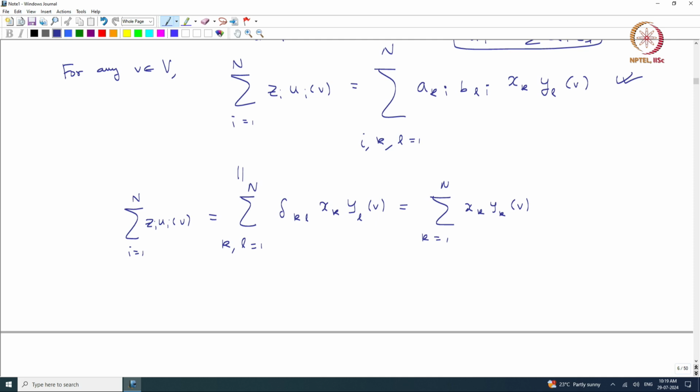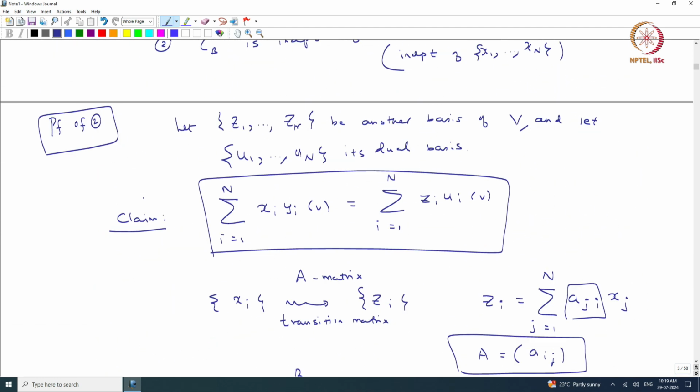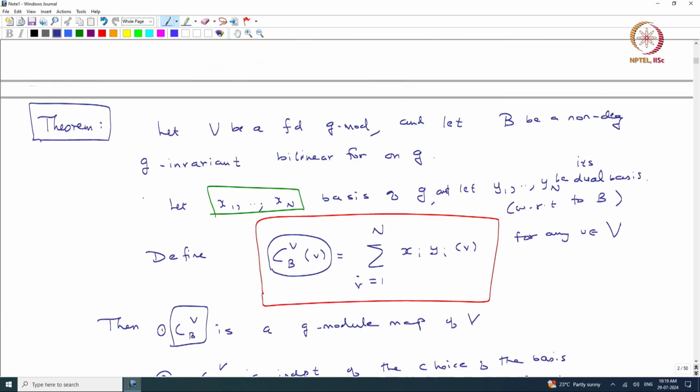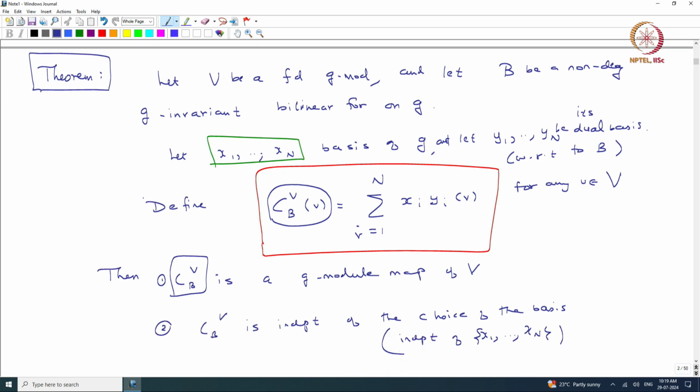So, now once we have some non-degenerate bilinear form on G, we are able to create Casimir operators. But the only thing that we do not know is whether these Casimir operators are 0 or non-zero. Okay. So, that is the non-trivial thing that we need to determine.